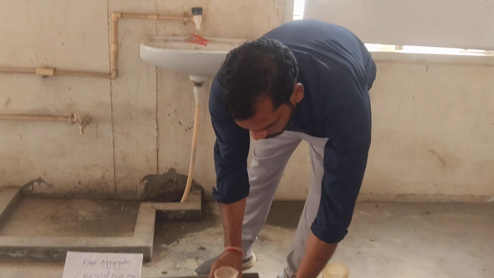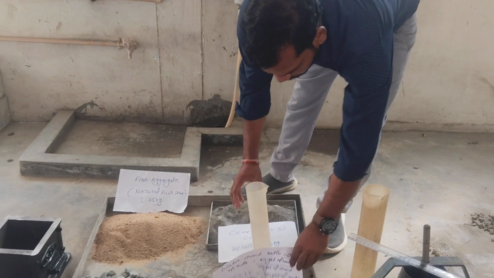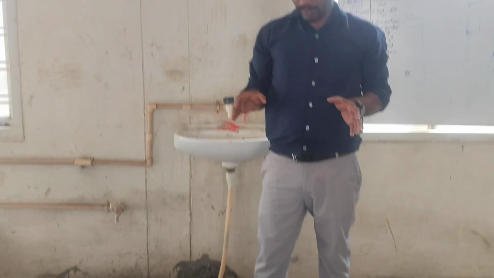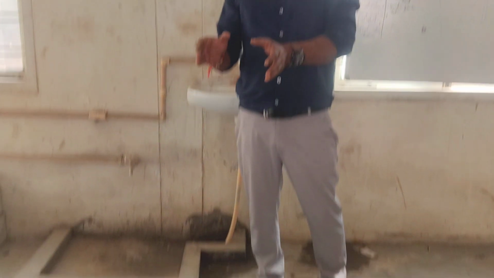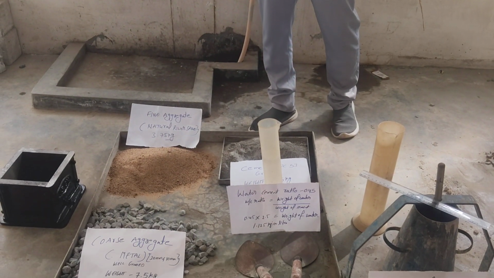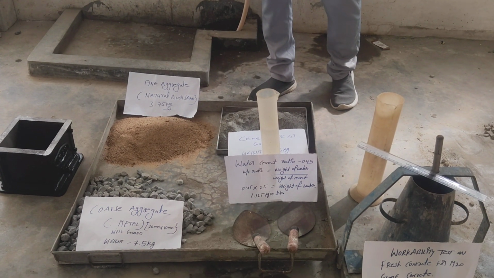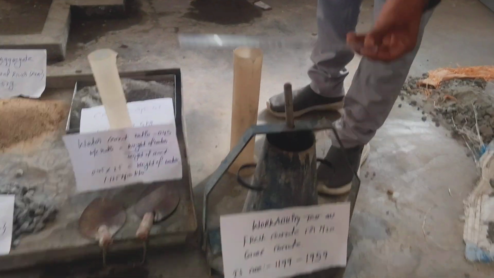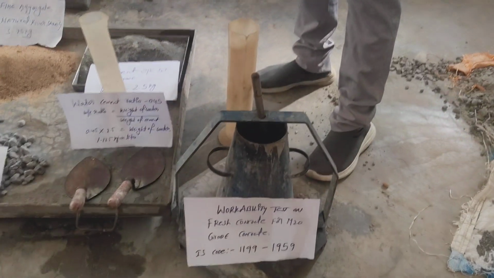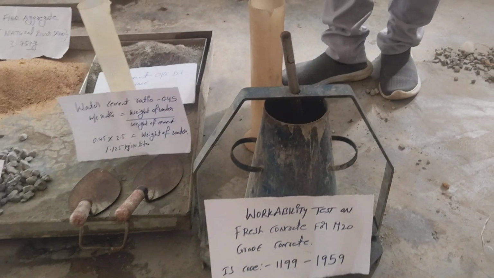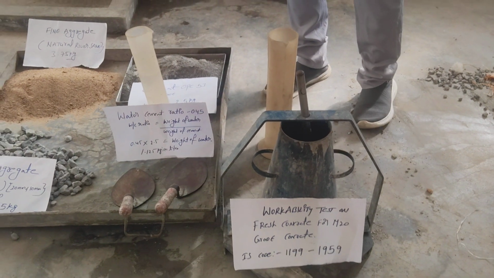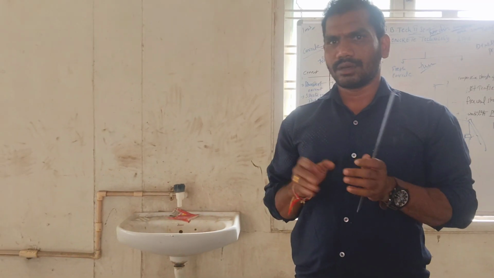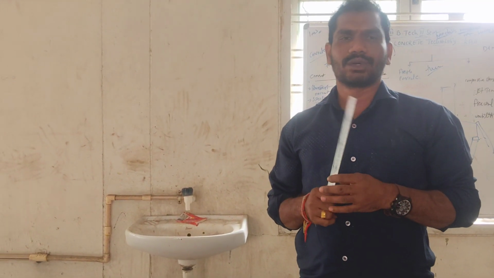Before testing the concrete, first arrange the materials: cement, fine aggregate, coarse aggregate, water. After that, you take the slump cone. Now you can find out the workability using the slump cone test. There are different methods for measuring workability. Mostly preferred is the slump cone test.